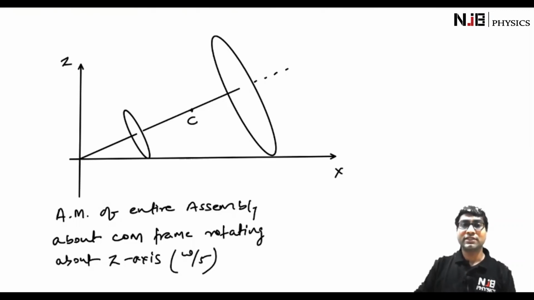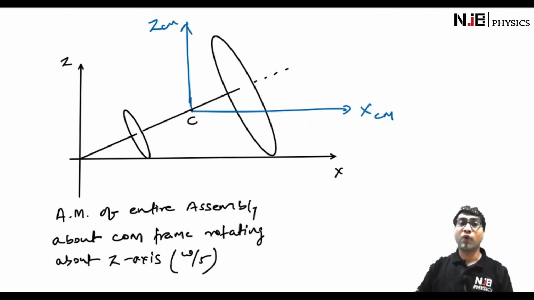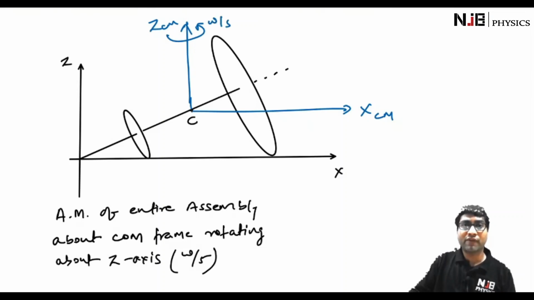If you visualize it, it is going to be like this picture: this is the x-axis with respect to center of mass, and this is your z-axis in the COM frame. Your y-axis is going to be into the plane of the paper at this moment, and this entire frame is rotating about this ZCM with an angular speed omega by 5.